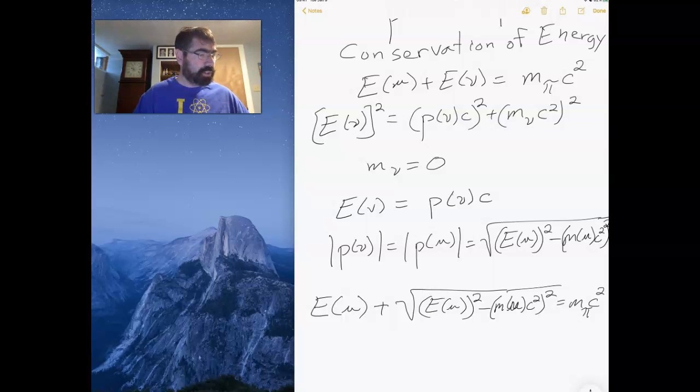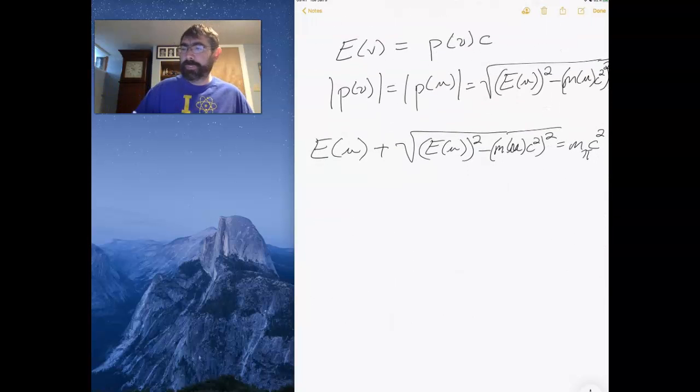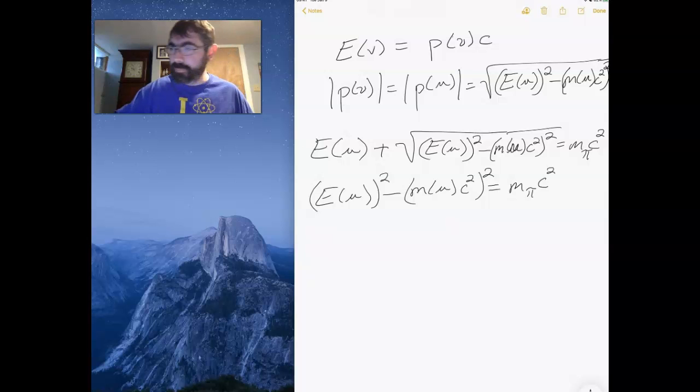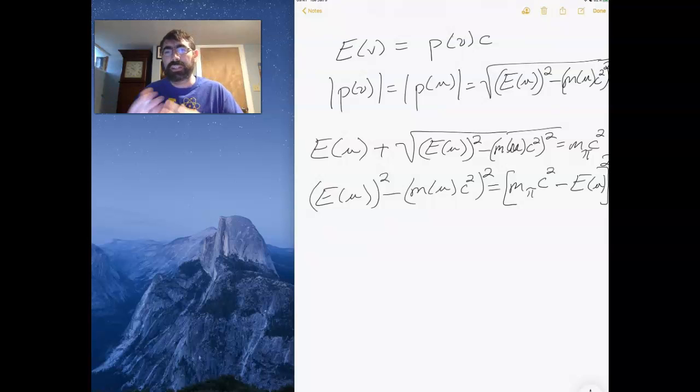And okay, so now let's write this out. Well, let's try and do some algebra. And so I should have E of the muon quantity squared minus the mass of the muon times c squared quantity squared is equal to the mass of the pion c squared minus the energy of the muon, and that whole thing squared, because I basically moved the energy of the muon to the right-hand side, and then I squared both sides to get rid of the square root.